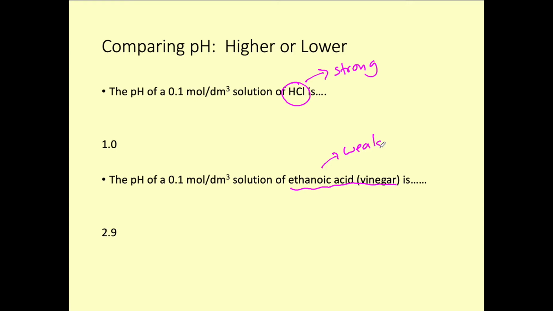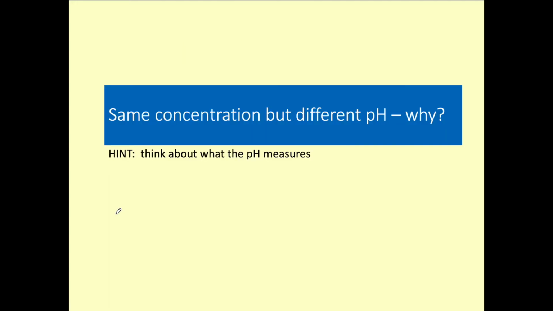So if you said it was going to be higher, then you are correct. 2.9 is the pH of a 0.1 mole per decimetre cubed solution of ethanoic acid. So they have the same concentration but a different pH. So I want us to think about why that might be. So pause the video whilst you have a think. I've included a hint there for you as well.